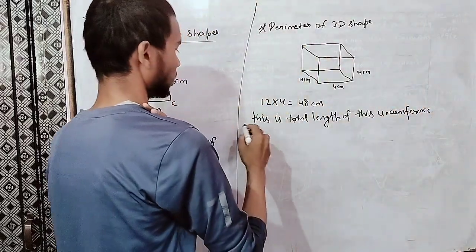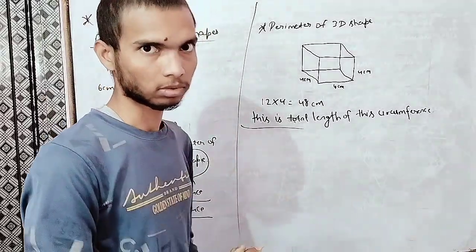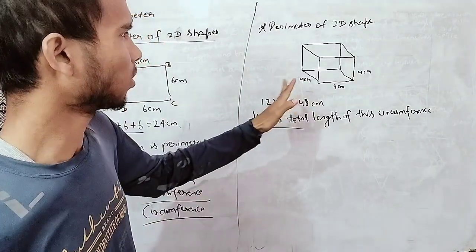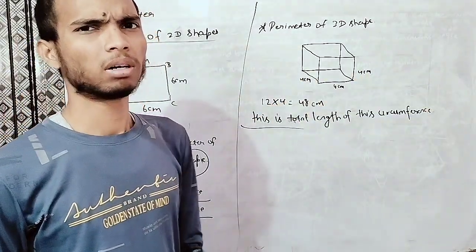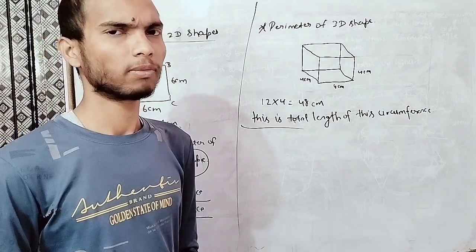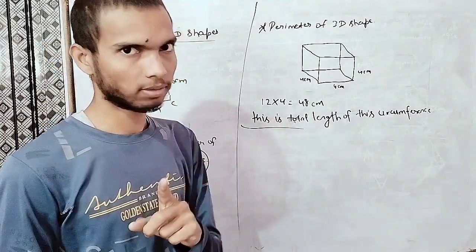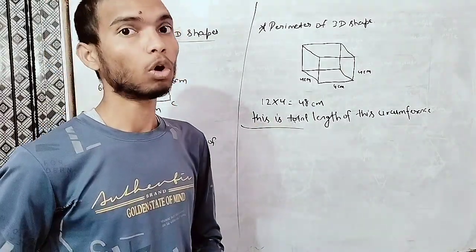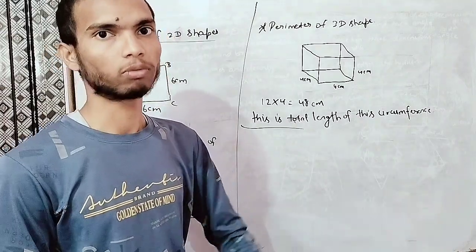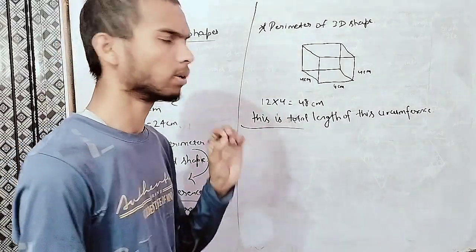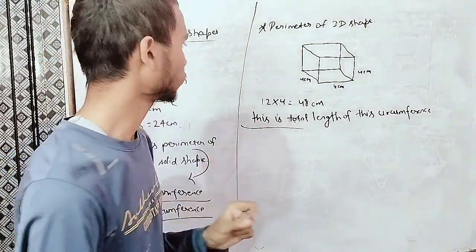Rather than adding 4 repeatedly, we notice we have 4 twelve times. We took 12, and the length of all sides is equal, that's why we took 4 one time.